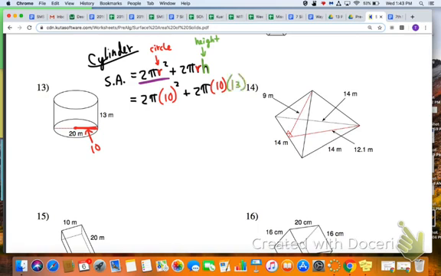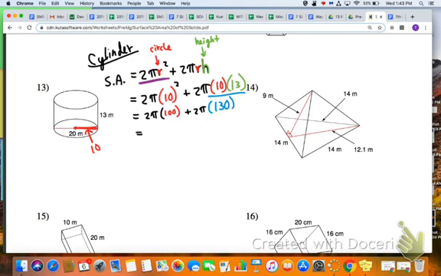So let's get out the calculator. 2 pi, 10 squared, so that's going to be 2 pi times 100, and 2 pi times, let's make that blue, 130. And now let's just type it into the calculator, see what we get.